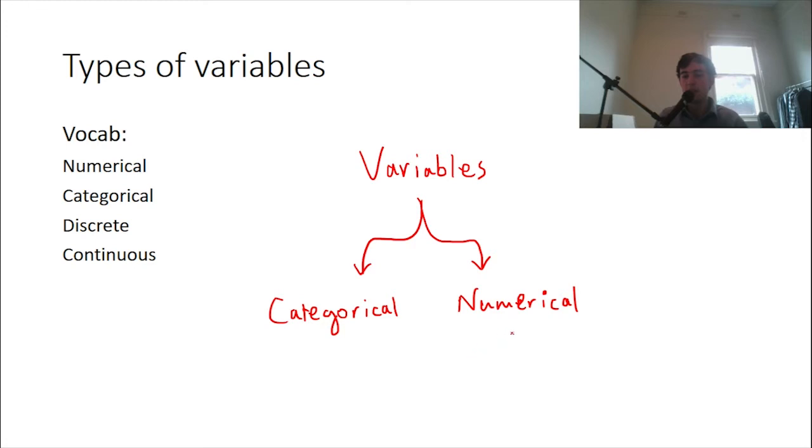And there's two types of numerical. So one of them is discrete, and one of them is continuous. No E at the end.